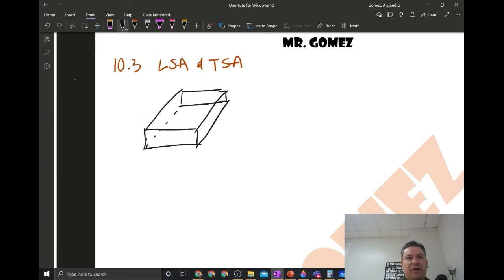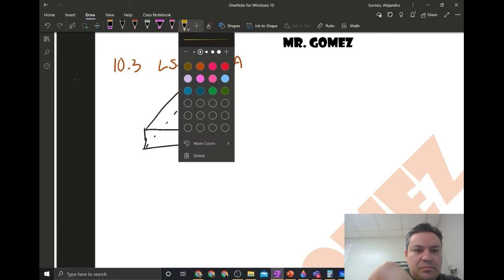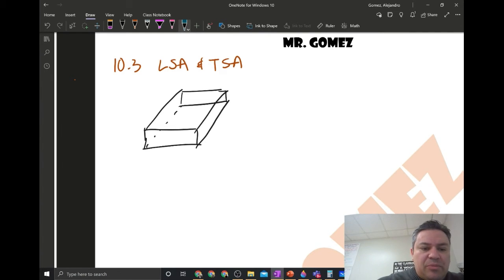I want to have the blue ones to be my faces. Let me do blue to be my bases. So I'm going to call this to be my base as well as this. So if I'm looking at this box right here, this is going to be my base and this is going to be my base.